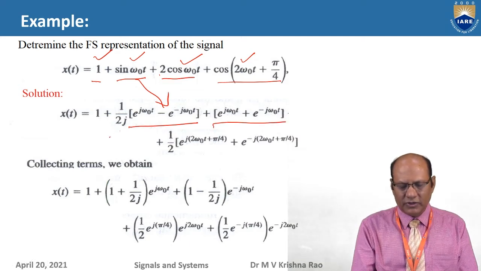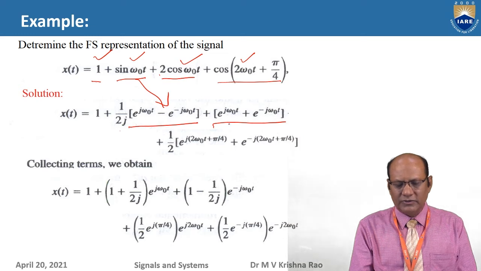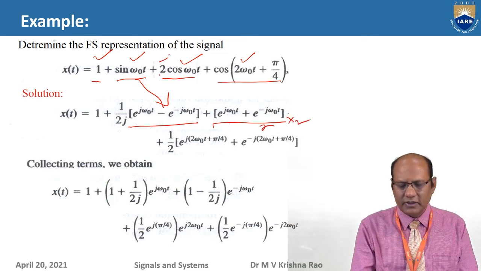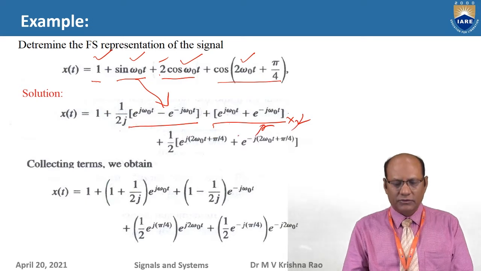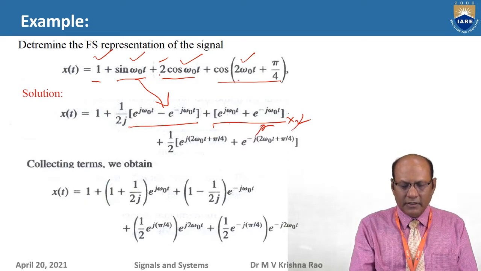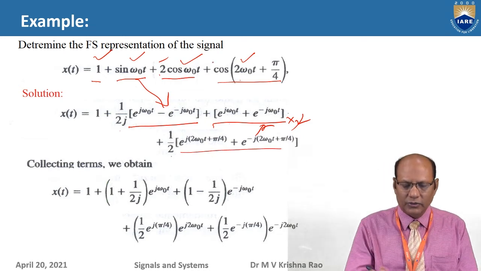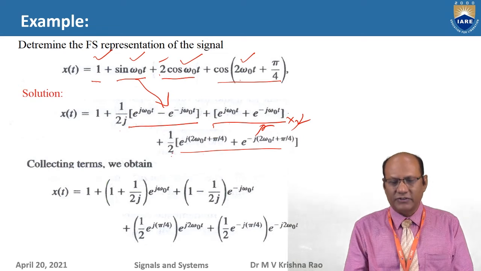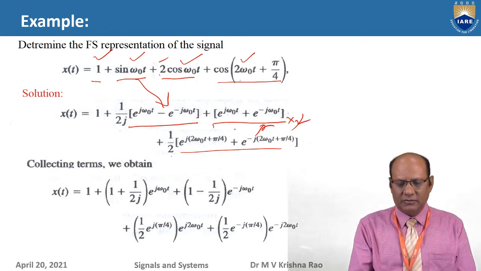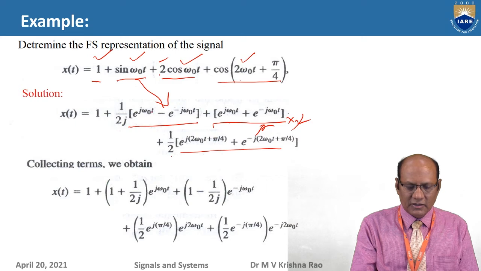So this is sin, and this is cos. This is divided by 2j. Here divided by 2 is there, but here divided by 2, and you had 2 here in this case. The 2 will get cancelled. And here also divided by 2 is there already because there is no 2 here to cancel, so half will remain as it is. Now you collect the similar terms. What are similar terms?